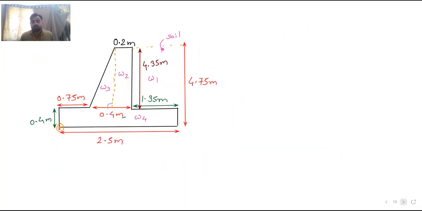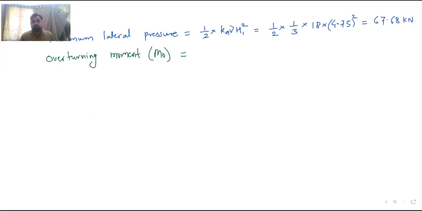Okay. So here I will write half into Ka into gamma into h1 square into h1 by 3, which is equal to 67.68 into 4.75 by 3.